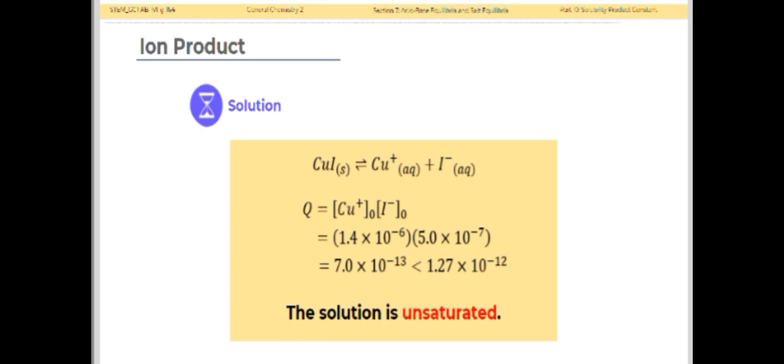Substituting the given concentrations, we get Q equals 7.0 times 10 raised to negative 13. So, the value of Q is less than the given Ksp value for cuprous iodide. Thus, this solution is unsaturated.